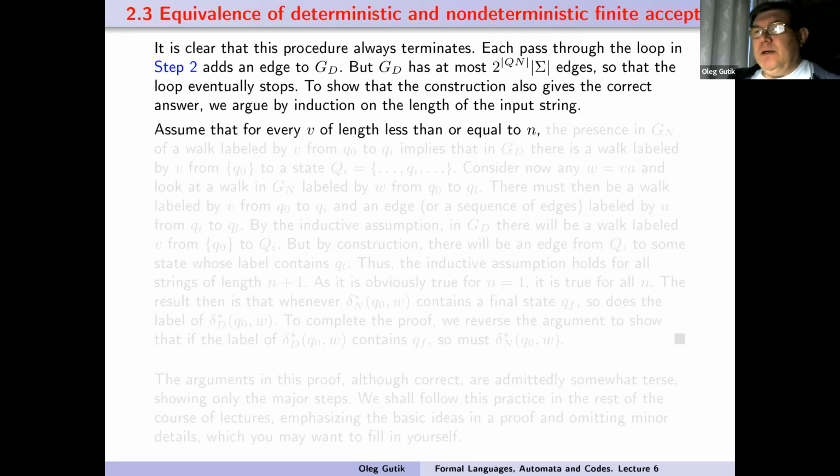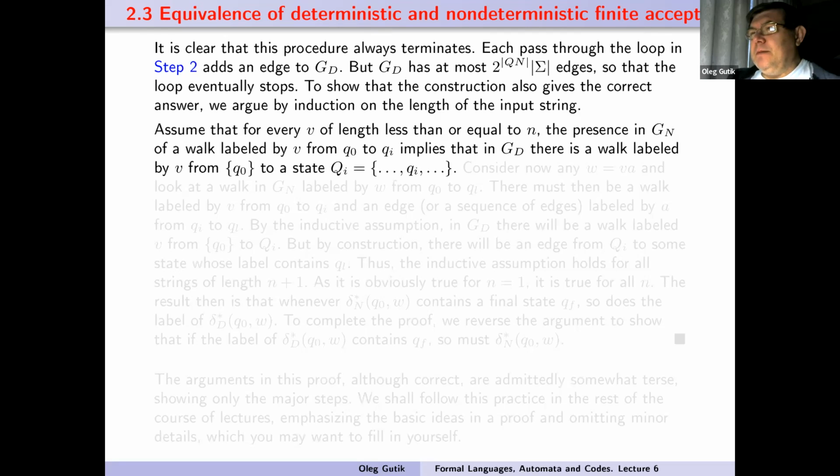Assume that for every word v of length less than or equal to n, the presence in the graph GN of a walk labeled by the word v from the state Q0 to the state Qi implies that in the graph GD there is a walk labeled by the word v from the state denoted by the singleton set {Q0} to the state {Qi}.